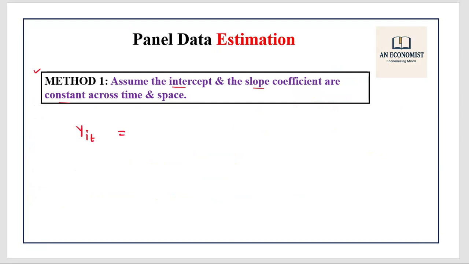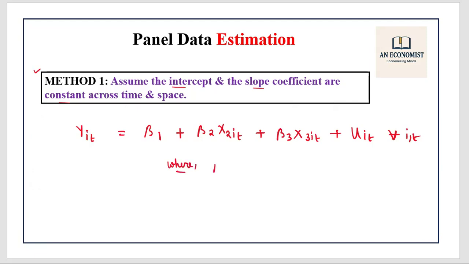So Y_it can be written as beta 1 plus beta 2 X2_it plus beta 3 X3_it plus the idiosyncratic error term, u_it, for all i and t, where beta 1, beta 2, and beta 3 are all constants.